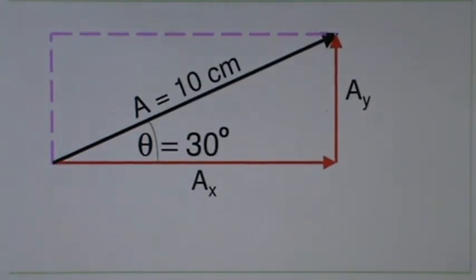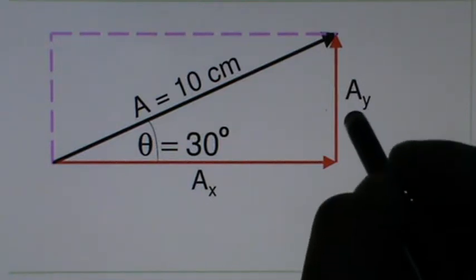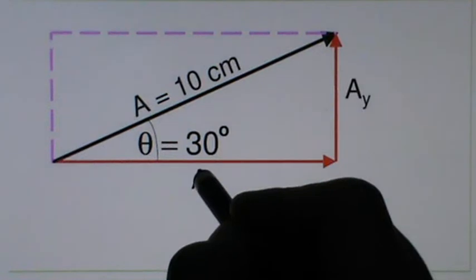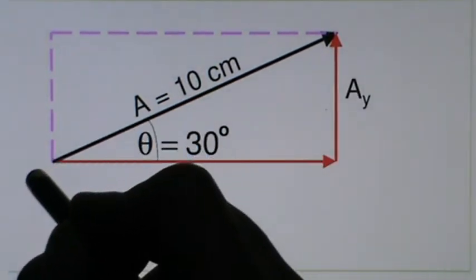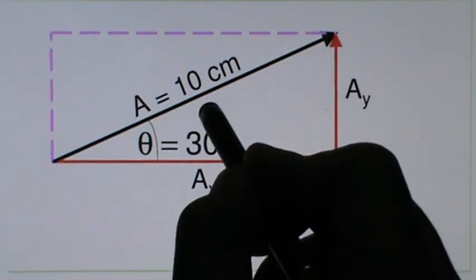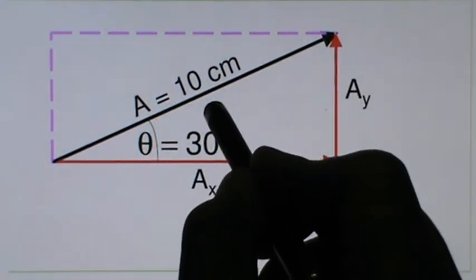Now we will have some practice to find this value of ax and ay. Suppose this is ay, ax, and the angle here is 30 degrees, and the magnitude of vector a is 10 centimeter.